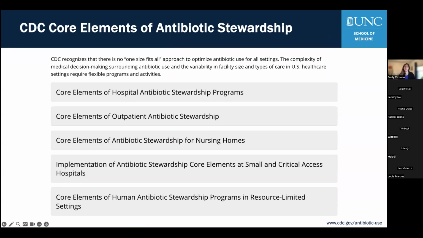And they recognize that there's not a one-size-fits-all approach for every type of healthcare institution. So they have it broken down by setting: hospital, outpatient, nursing homes, small and critical access hospitals, and also resource-limited settings as well. So lots of great resources already out there to help on a big picture level with implementing antimicrobial stewardship where you work.